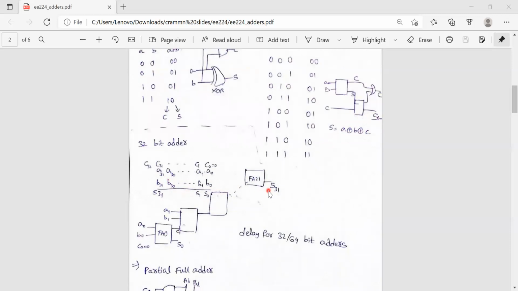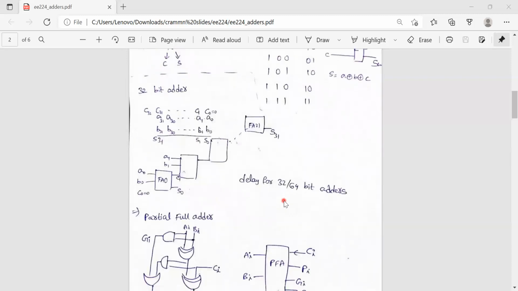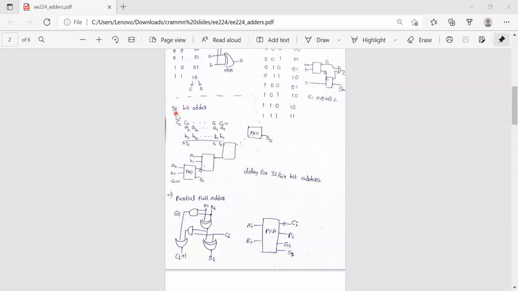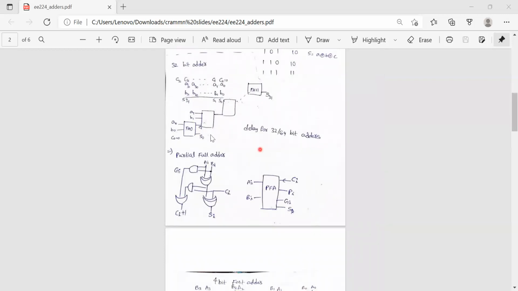Okay, we cannot afford a big delay in adders, so we use a different technique to add high-bit inputs like 32-bit or 64-bit inputs. For that we use partial full adders.